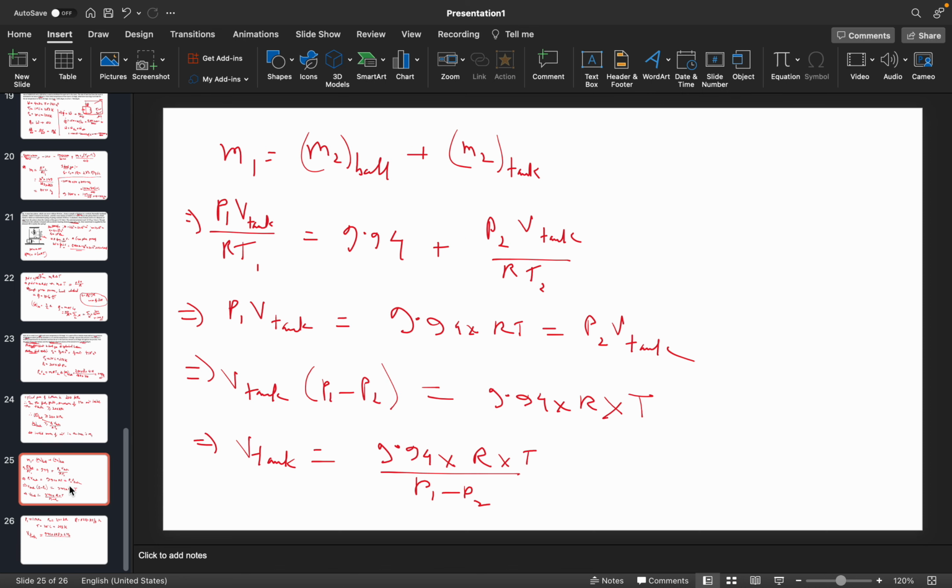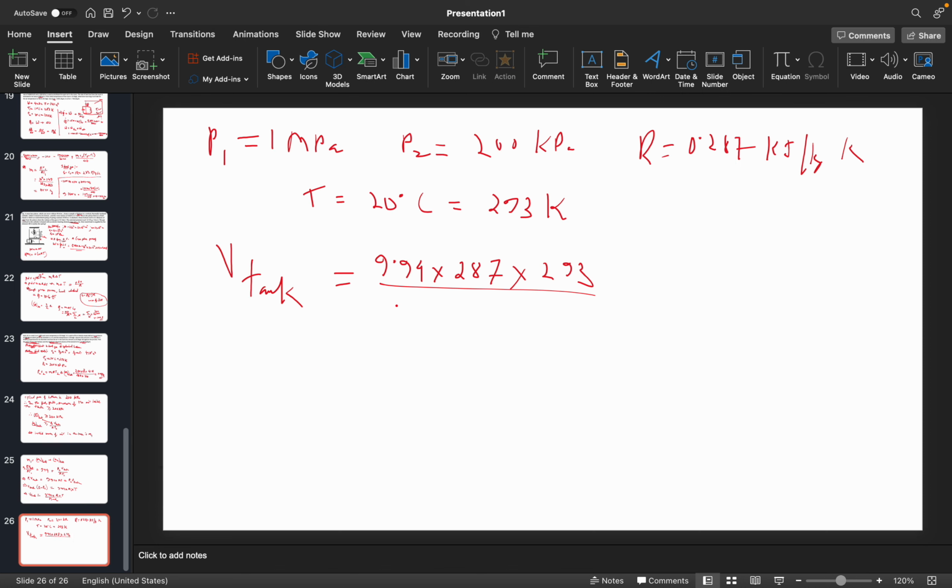So P1 is how much? 1 megapascal, so I will convert it into pascal, 10 to the power 6 pascal, minus 200, that means 2 into 10 to the power 5 pascal. Okay, so this will give you the final answer. So it will be 9.94, sorry, 0.94 into 287 into 293 divided by 10 to the power 6 minus 2 into 10 to the power 5.